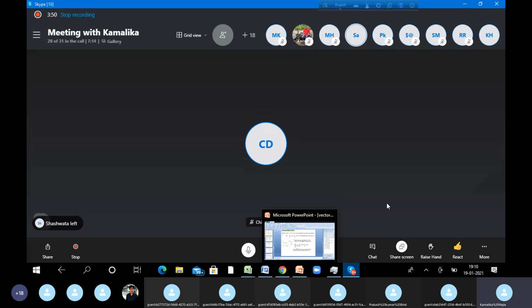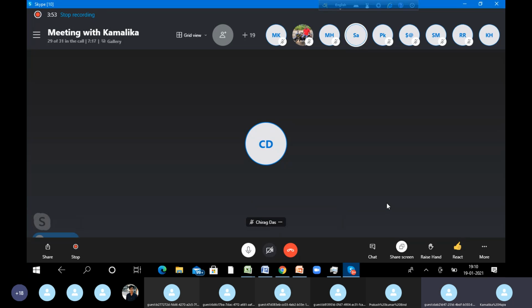Now can you see my screen? Yes, ma'am. I can see the red border, so you should see the screen. There's nothing else that I can do.